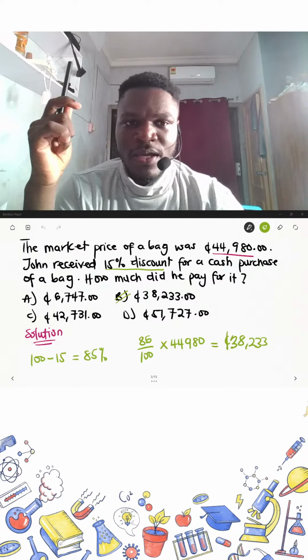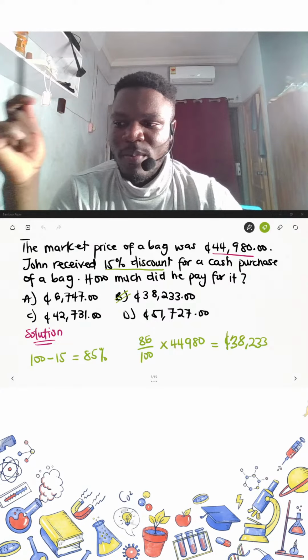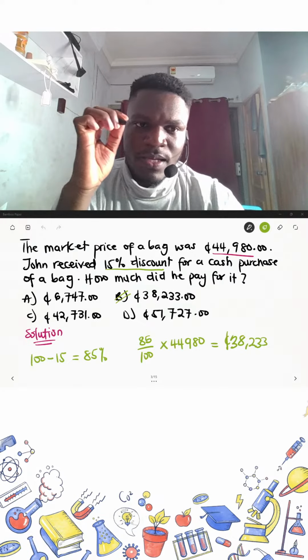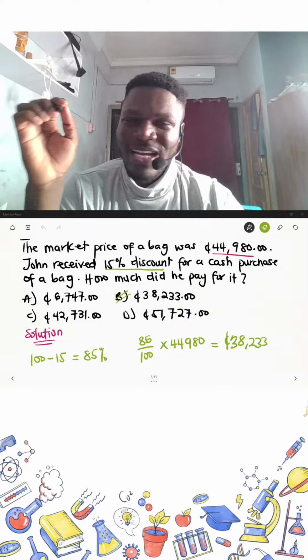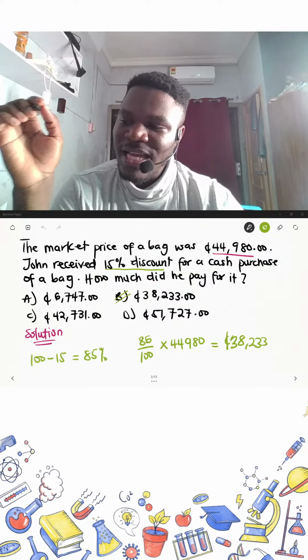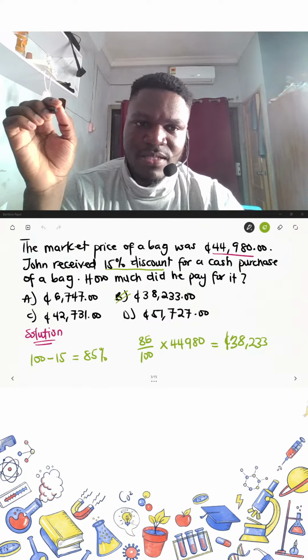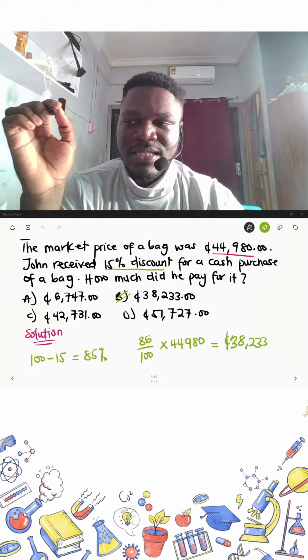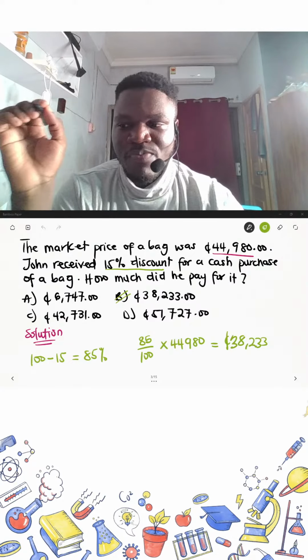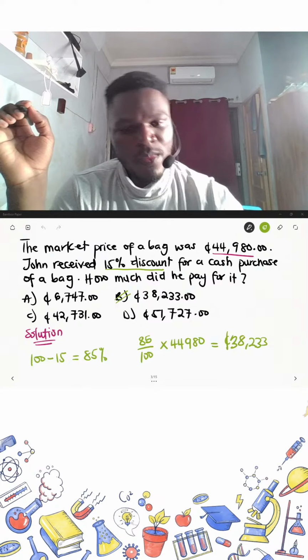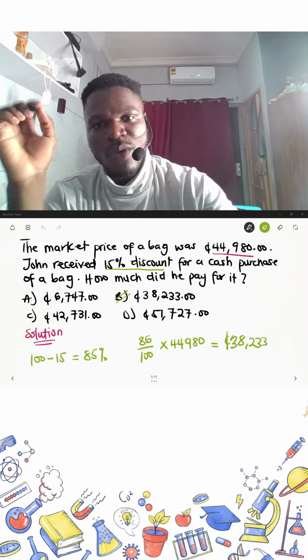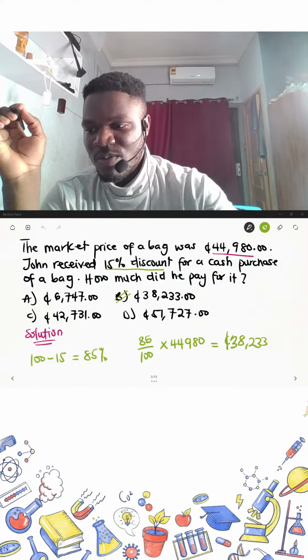So the other way we can solve this problem is by subtracting the 15% from 100. And when we do that subtraction, we'll get 85%. So he paid for the 85%. That 85% of the original price of the bag will now give you the price that he bought the bag for. And that was what we were calculating before the stream went off.